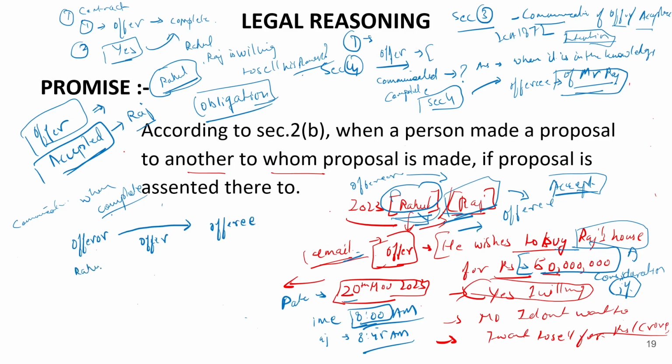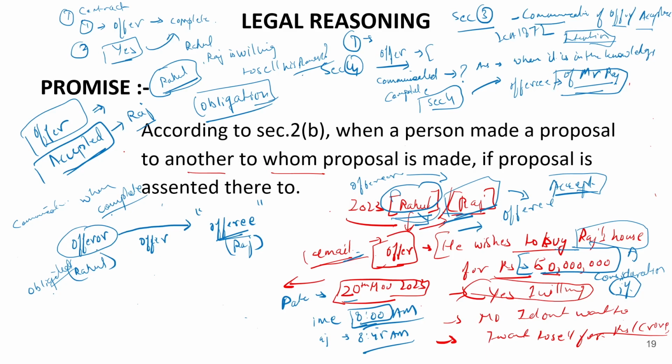Rahul, offerer, Raj, offeree. Once it comes to the knowledge of the offeree, the offerer becomes obligated.